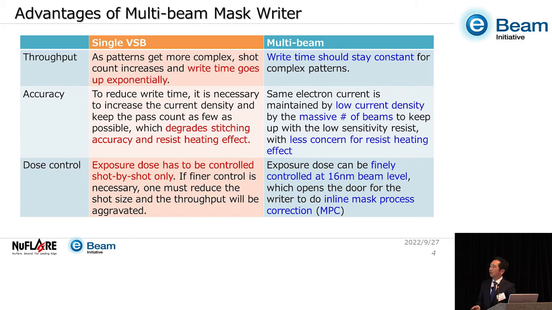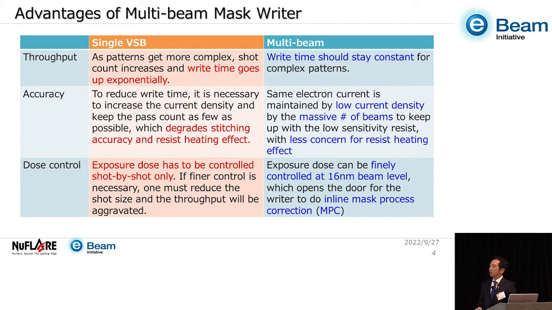Accuracy-wise, single beam VSB has a phenomenon called resist heating effect and stitching problem, but multi-beam uses many number of beams, so each beam current is very low to avoid heating effect, and it can use more multipass writing to get less stitching error and position accuracy.